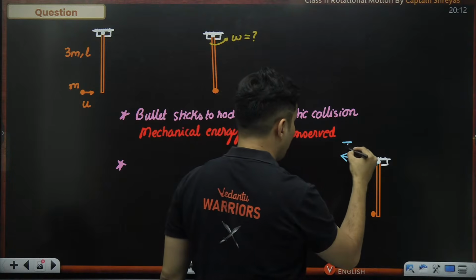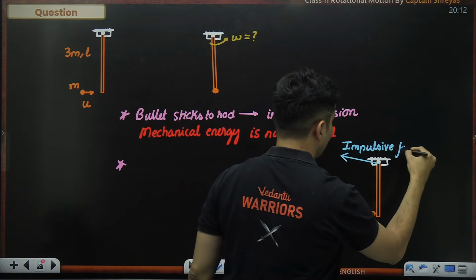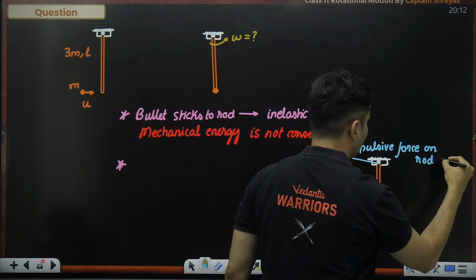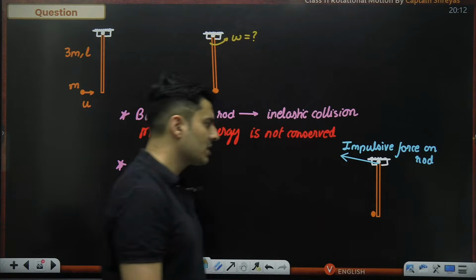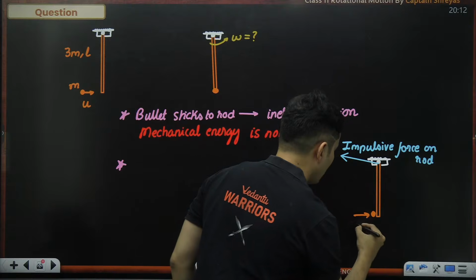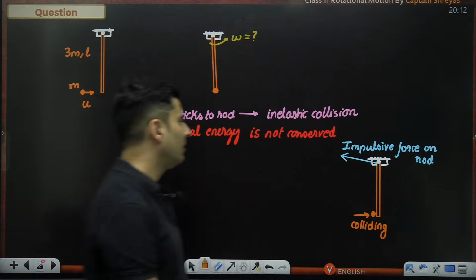So there will be an impulsive force on the rod from the hinge, because this is colliding with that particular rod.